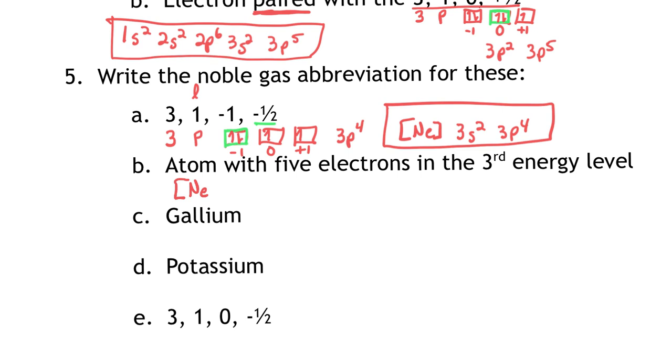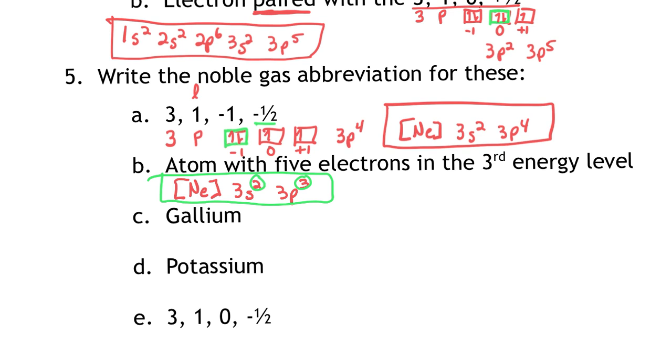So I'm going to get the one that's above it. And then I'm just going to continue my electron configuration, and it would be 3s2. The next orbital will be 3p, and I want 5 electrons, so that's going to be 3p3. 2 plus 3 is going to be 5 electrons. So I've got 5 electrons in the 3rd energy level. So this would be my final answer.